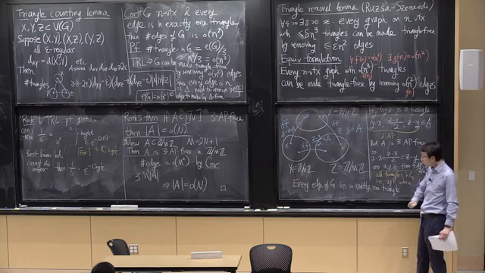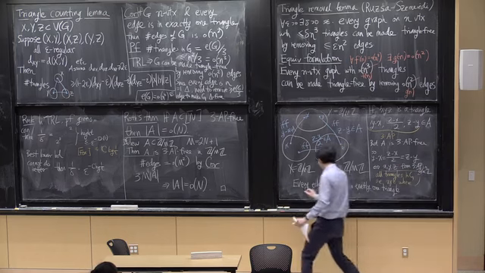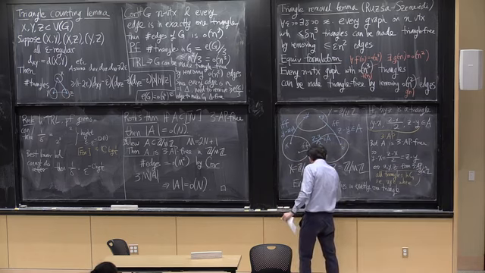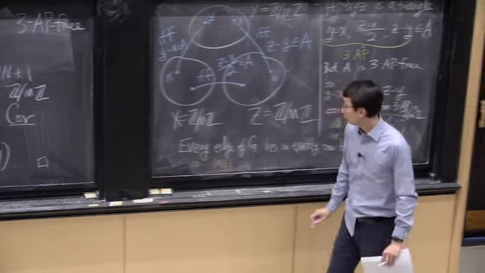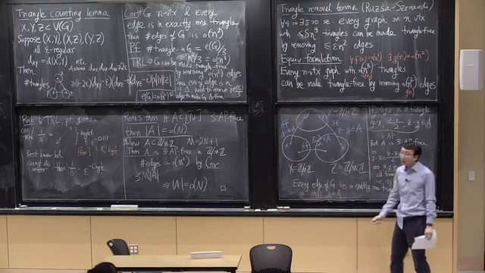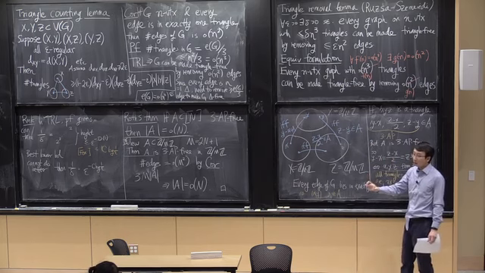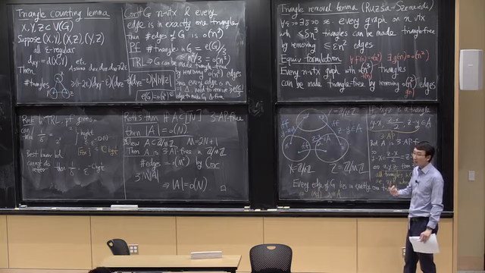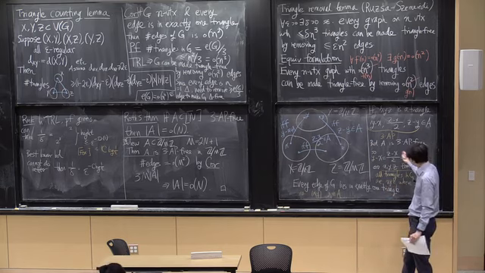Okay, so I give you an edge, for example xy, such that y minus x is in A. And I claim there's a unique z that completes this edge to a triangle. And, well, it tells you what that z is.